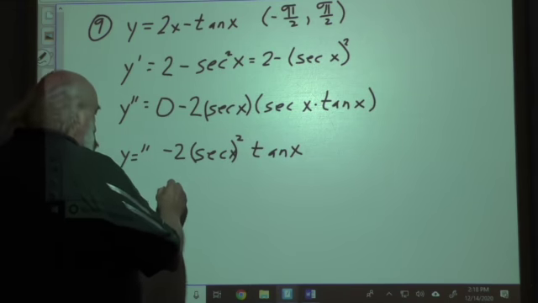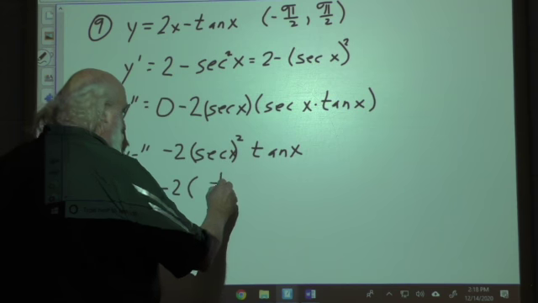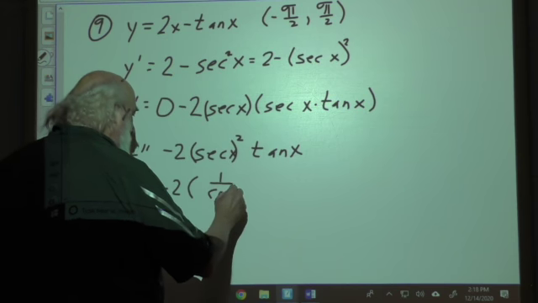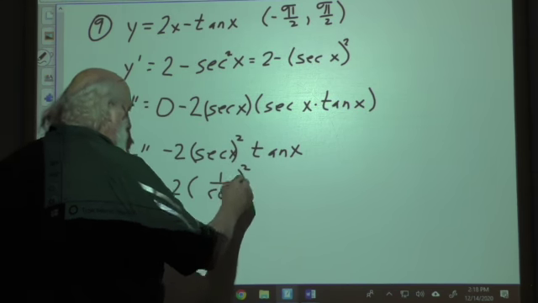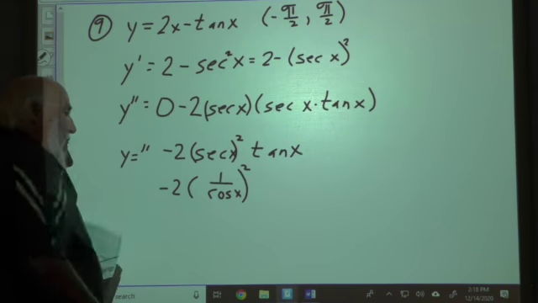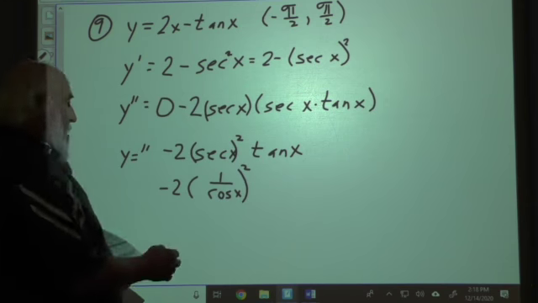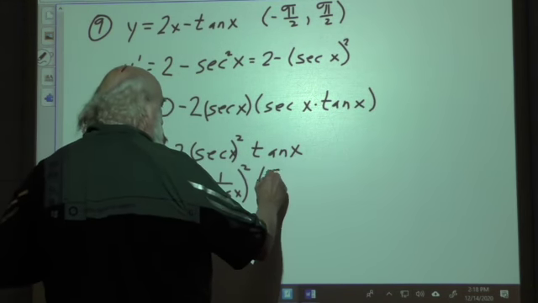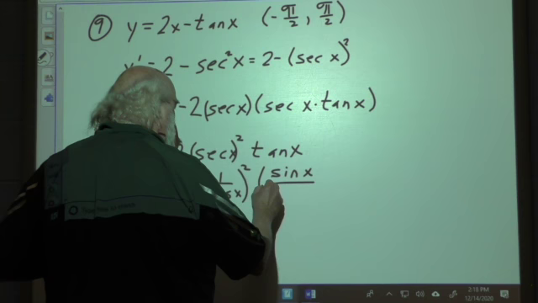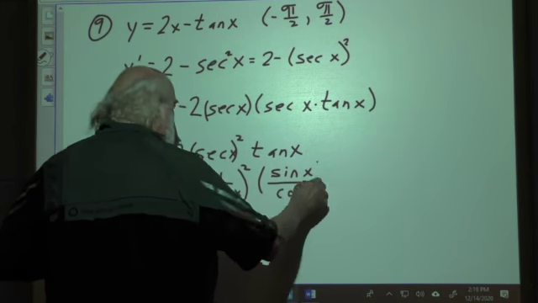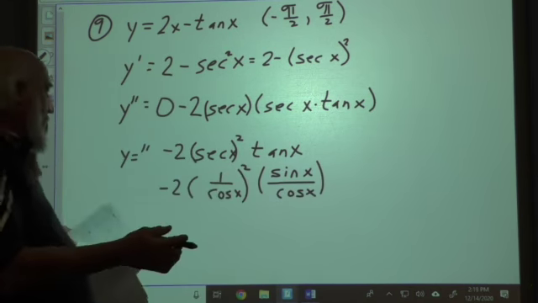So this becomes negative 2 times 1 over cosine of x squared. And we know that the definition of tangent is the sine divided by the cosine. So I'm going to put sine x over cosine x. And then I'm going to multiply all this together.